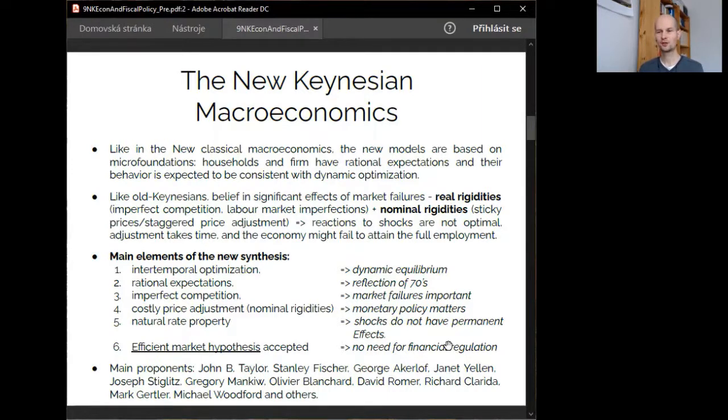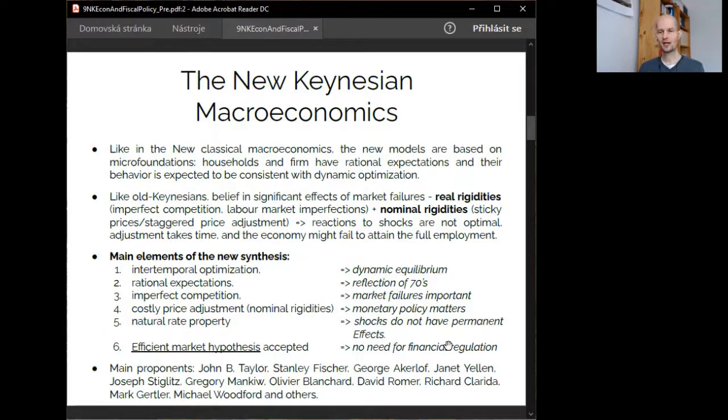This implies that the reactions to shocks might not be optimal, which is in stark opposition to the implications derived from the real business cycle models. Moreover, the adjustment towards the optimal trajectories takes time, and so the economy might fail quite often to attain the full equilibrium, the full employment. And therefore, there is room for policy.